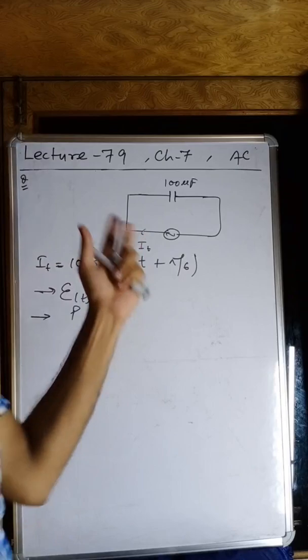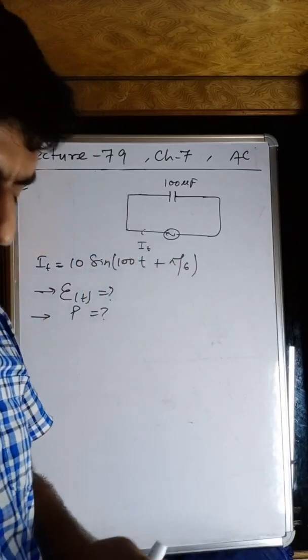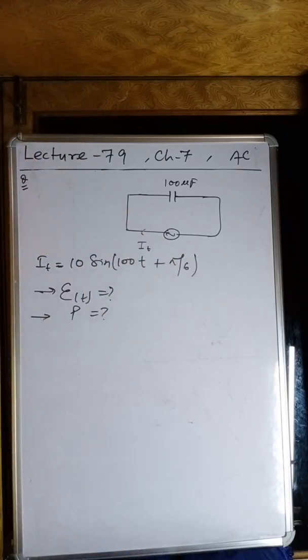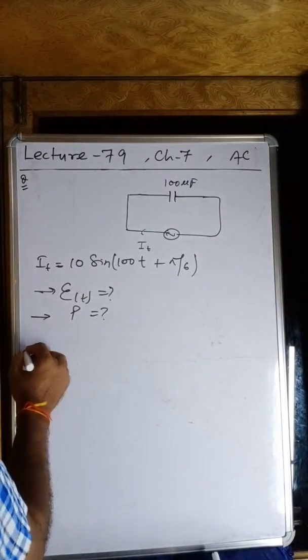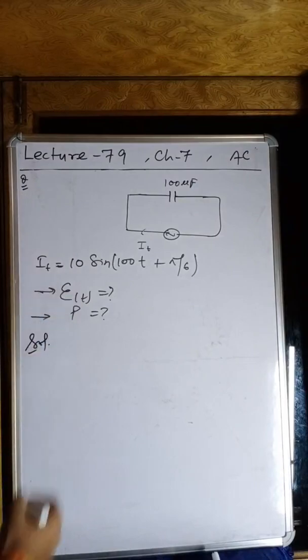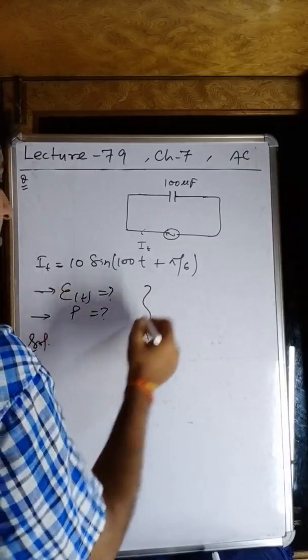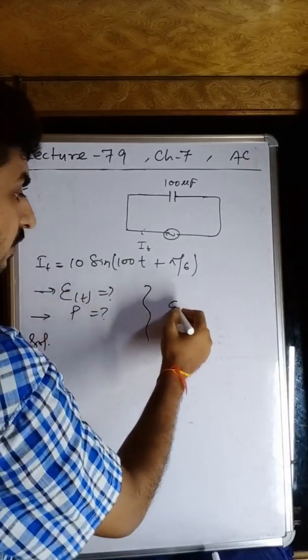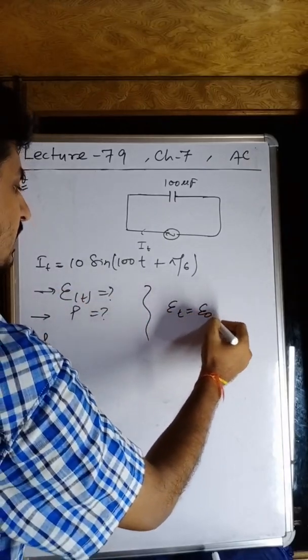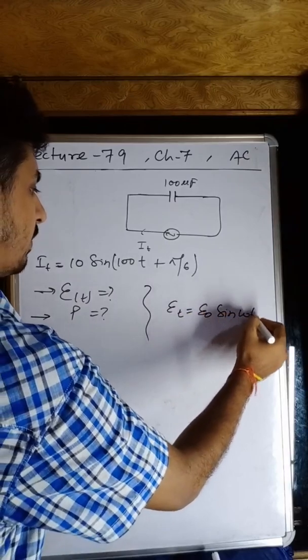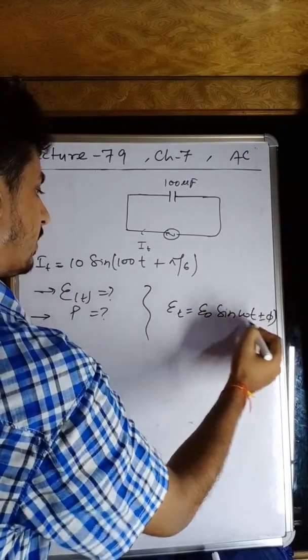How will you solve this type of question? Try to understand how to solve this type of question, my dear students. Here, as we have to find the equation of voltage, we know that it should be like E naught sin(omega t plus or minus phi).